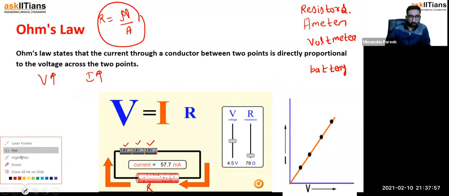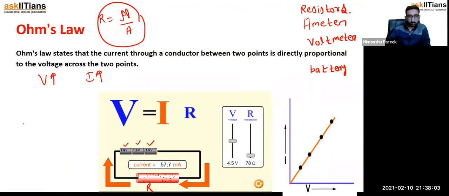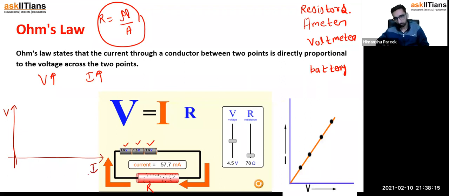So when we do the experiment, what we do basically, we take voltage on the y-axis and current on the x-axis. Okay. And now I'm going to increase the voltage.